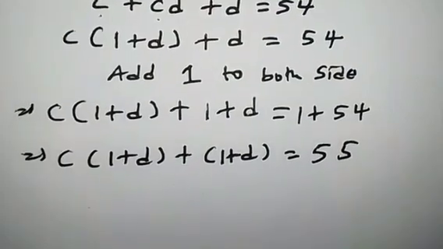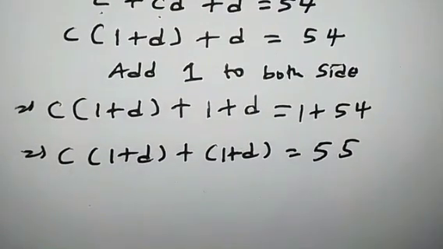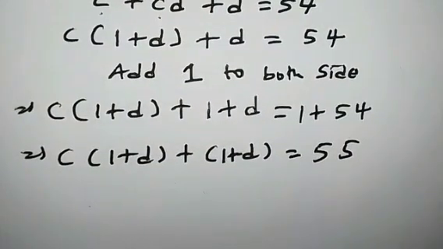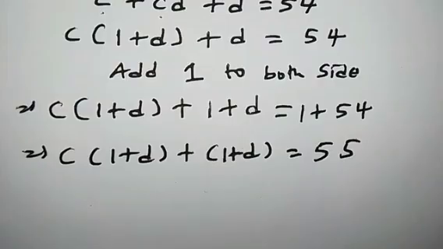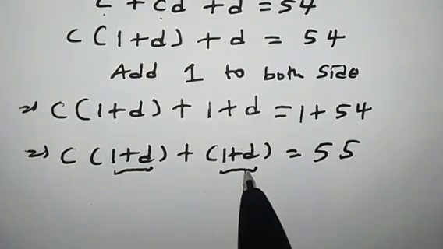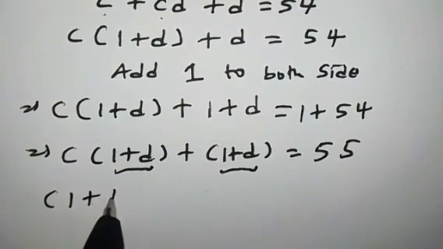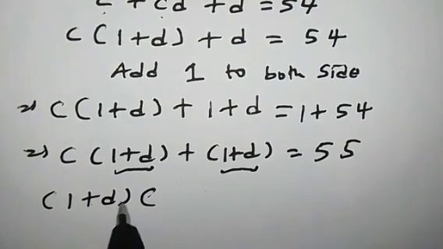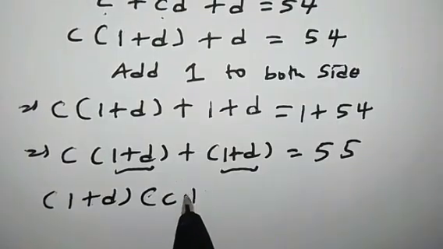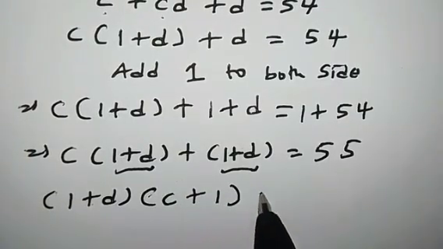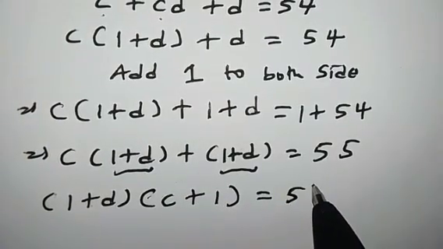Let's continue. You will notice that something is very common, which is 1 plus D is common. I can factor it out, so that will be 1 plus D times C plus 1 equal to 55.